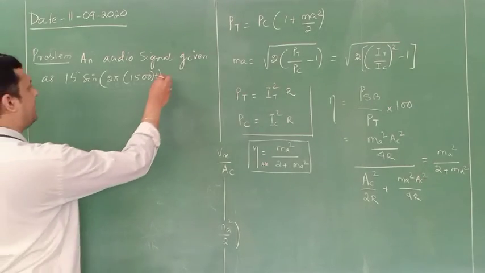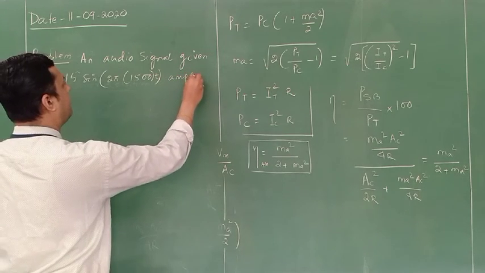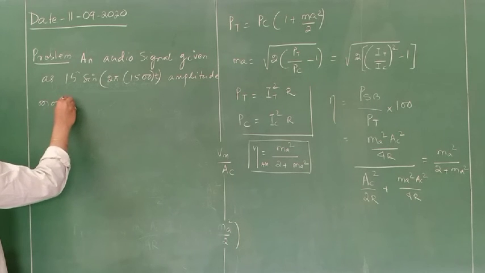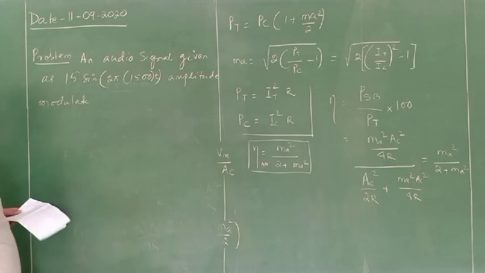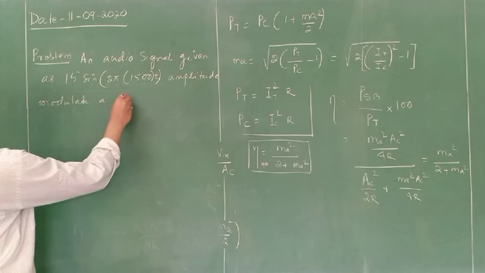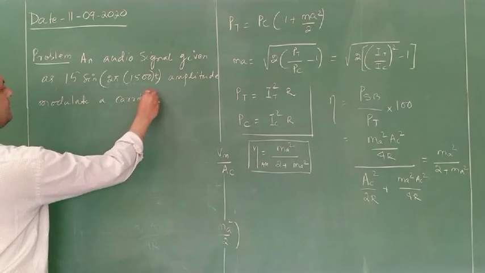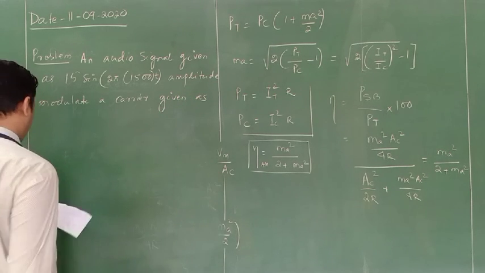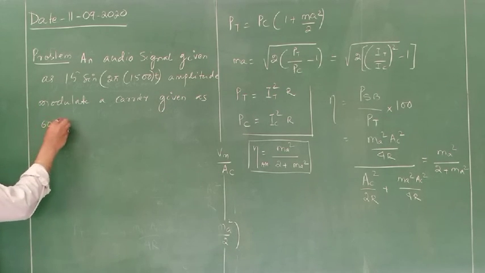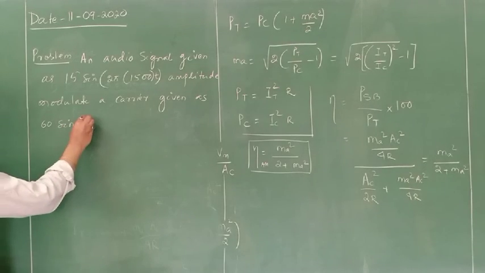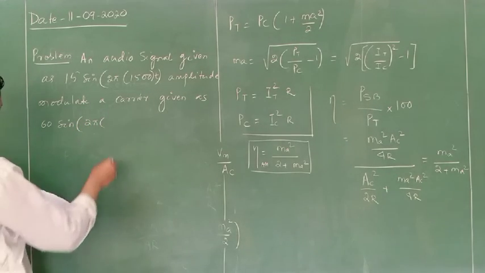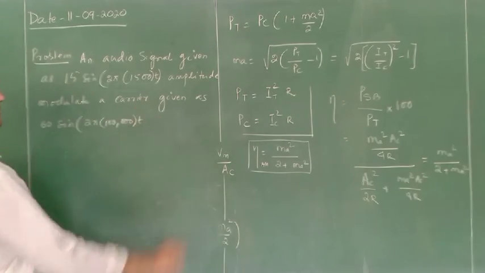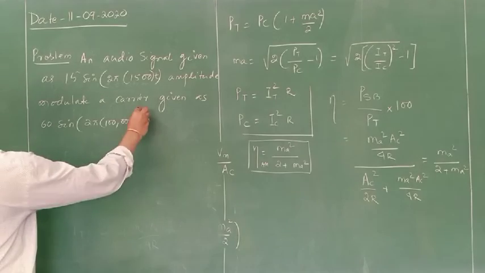Amplitude modulates a carrier given as 60 sine 2 pi into 100,000, that is 1 lakh, t.